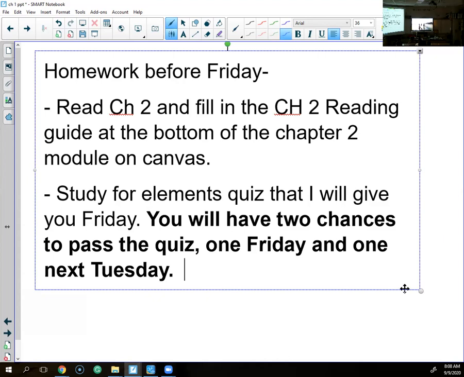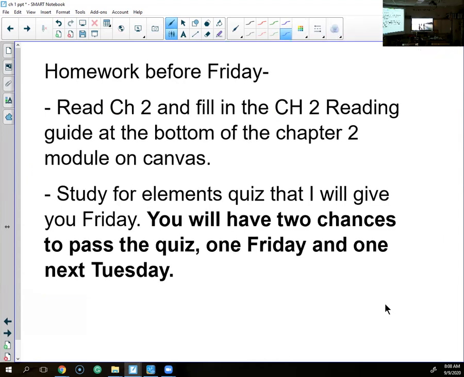Okay, so study the elements. I'll give it to you Friday. I will show you exactly what it looks like. It's pretty quick if you know them.